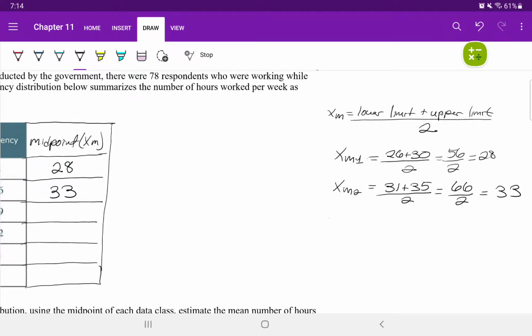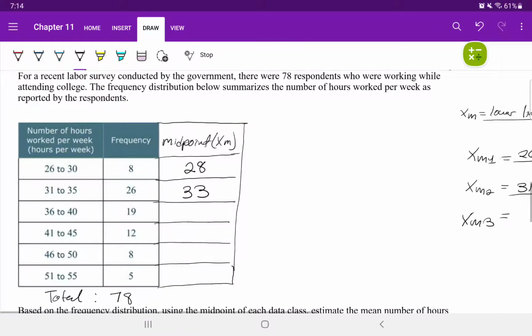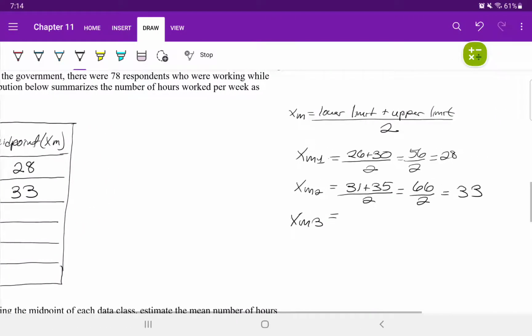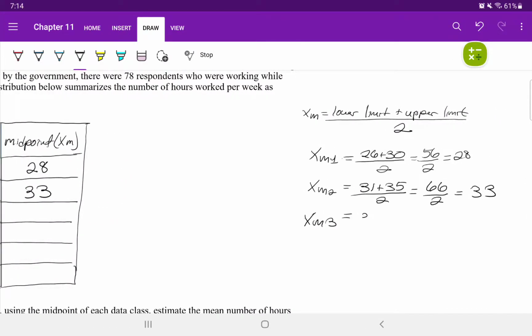Let's find one more midpoint. And that's going to be the class from 36 to 40. So 36 plus 40 over 2. 36 plus 40 is 76. 76 divided by 2 is 38.